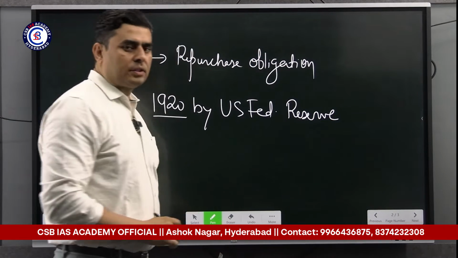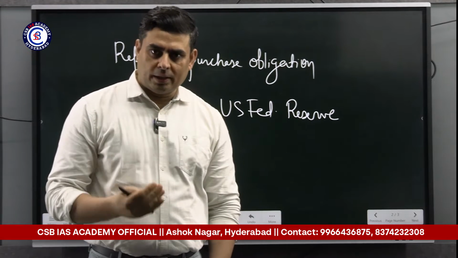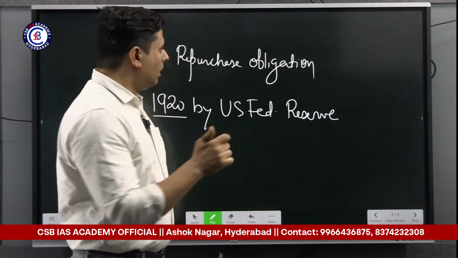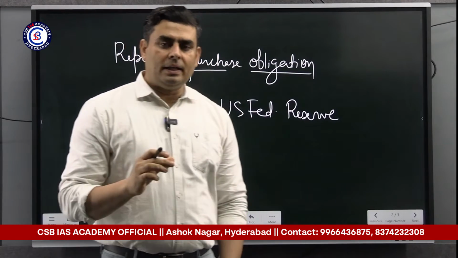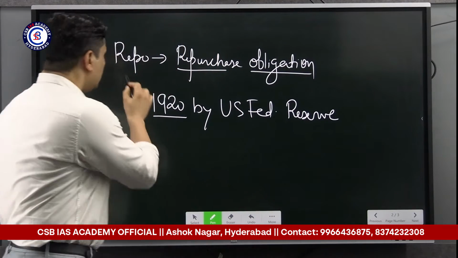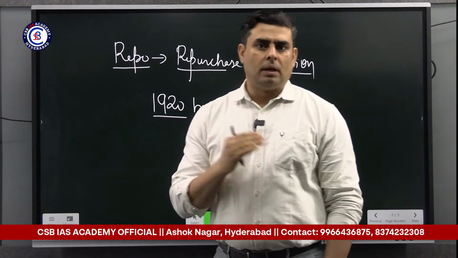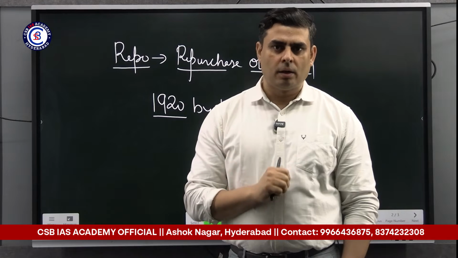So the US Federal Reserve introduced repo, that is repurchase obligation, in the 1920s. Fine. So what does repurchase obligation mean here? So basically repo is a secured method of lending and borrowing. Okay, it is a secured method of lending and borrowing.